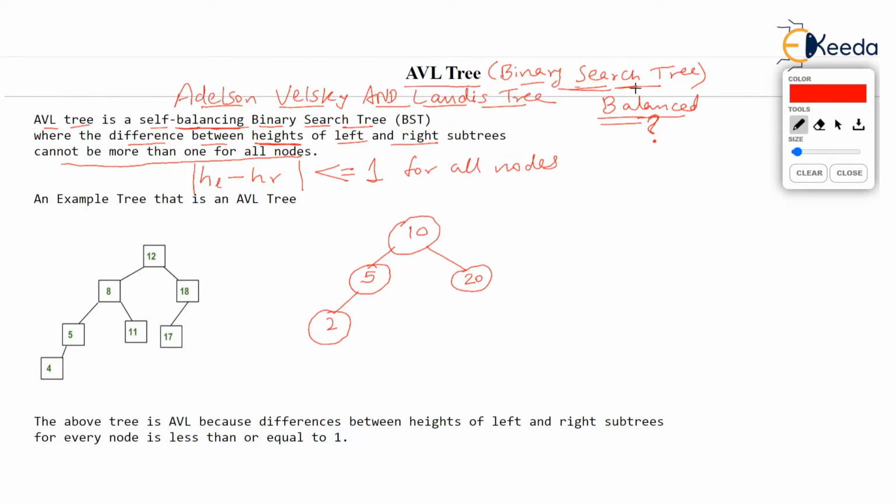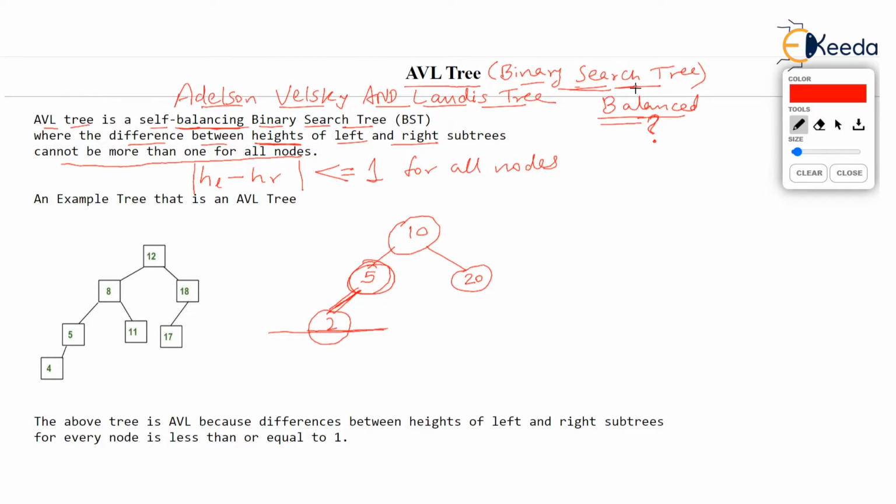Now, if I ask you what is the left height of node 5, the left height is 1, because the number of levels that you see at the left of 5 is just one level.